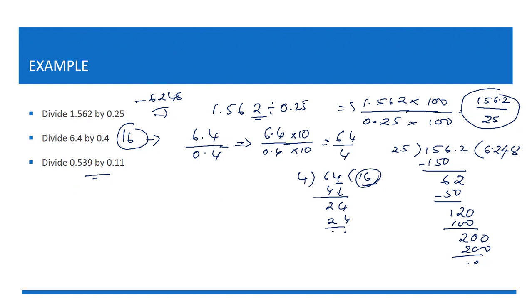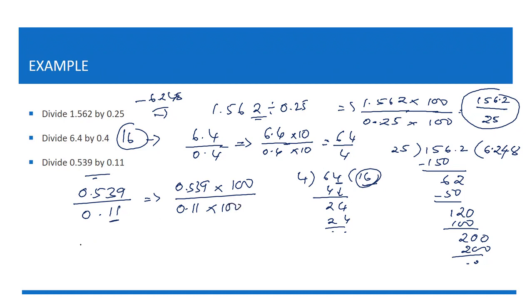After the decimal point there are 2 digits, so I can multiply 0.539 by 100 and 0.11 by 100. Moving 2 decimal places, that is 53.9 divided by 11.